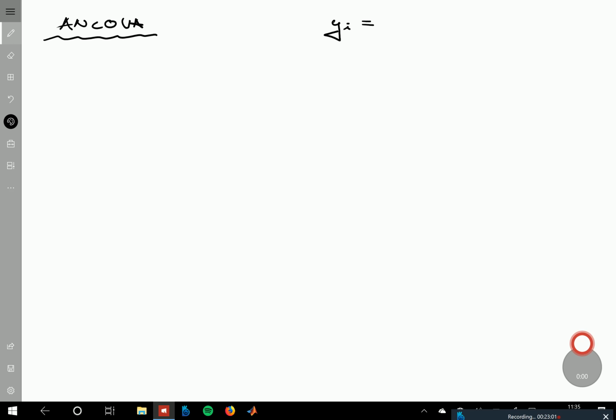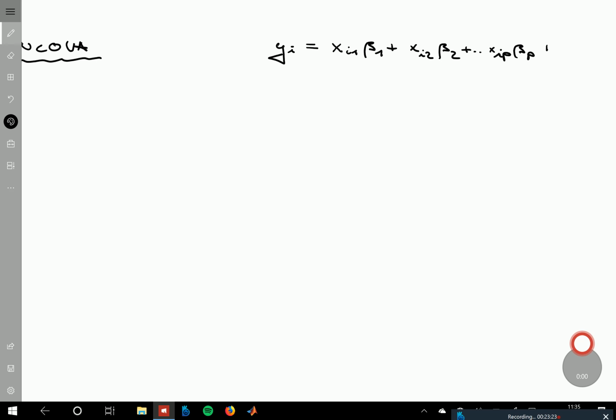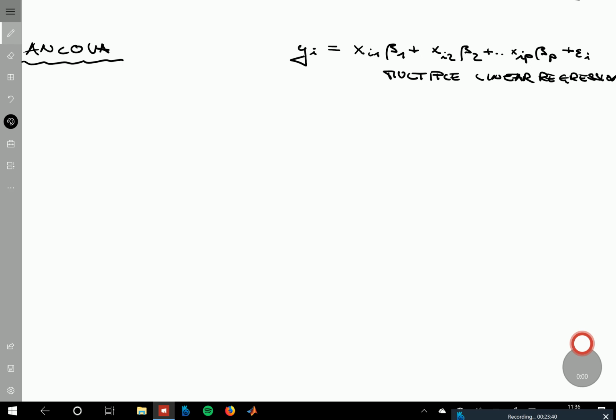So we did something like this. That was our multiple linear regression that we used in our case all the time for first level fMRI models, where our axes were then what?